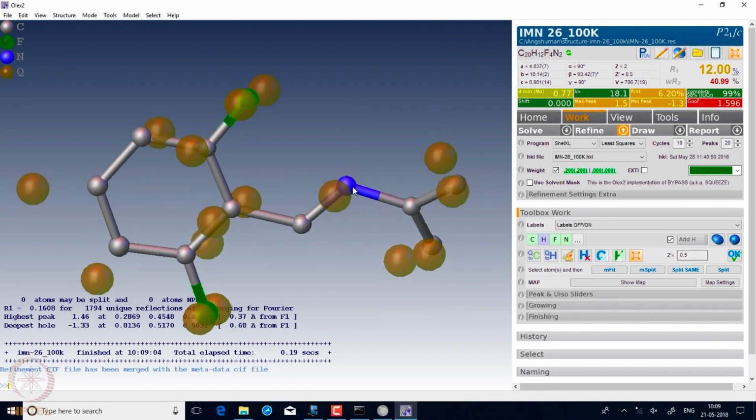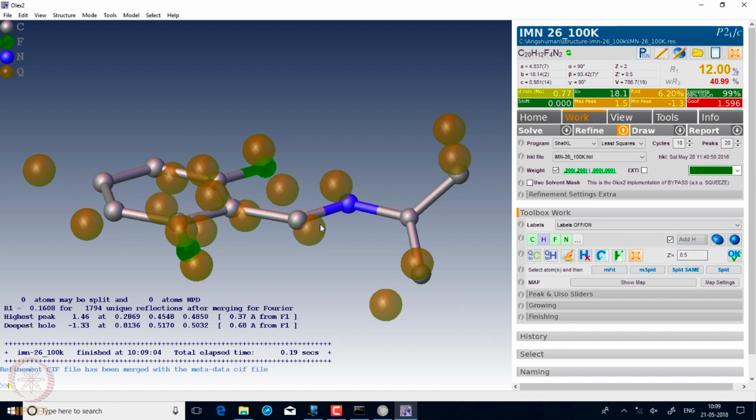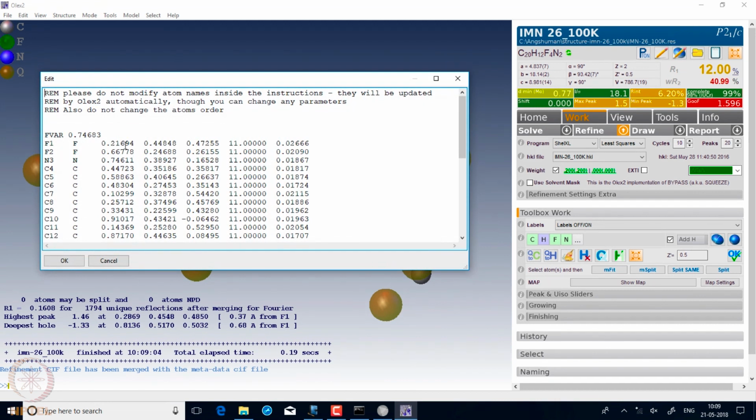now you see that the residual electron density appears on both the atoms. And if we look at their corresponding thermal parameters, you see N3 is 0.018, it has reduced, and C5 has a similar thermal parameter compared to C4.